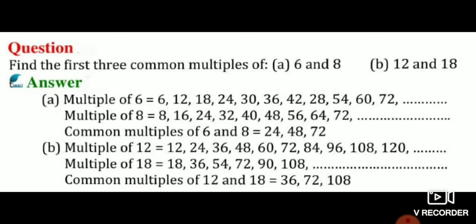Next 8 fives are 40, so write 40. 8 sixes are 48, 48 is a multiple of 8. Next 8 sevens are 56, therefore write 56. Next 8 eights are 64, 8 nines are 72. Therefore the multiples of 8 are 8, 16, 24, 32, 40, 48, 56, 64, 72.